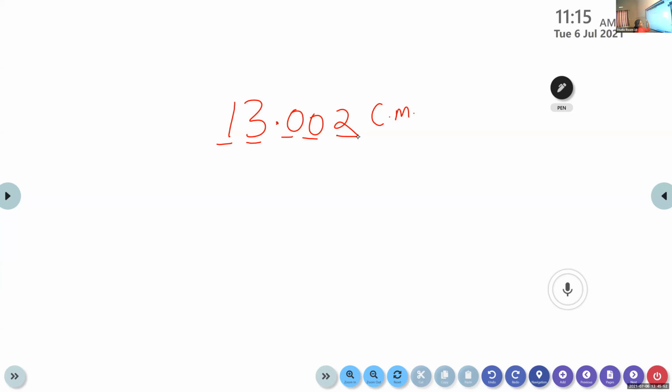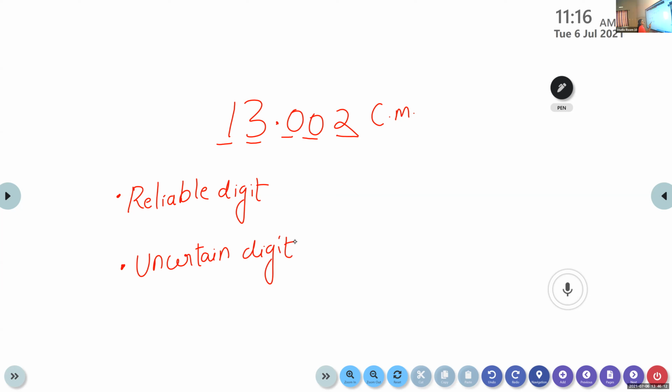So the digits in a measured value of any physical quantity can be divided into two types: one is a reliable digit and the other is an uncertain digit. Now I will give you an idea about what you mean by this reliable digit and uncertain digit.